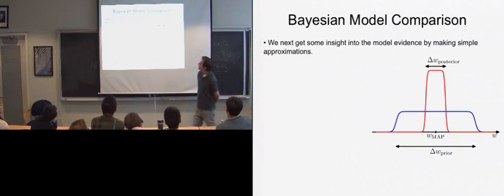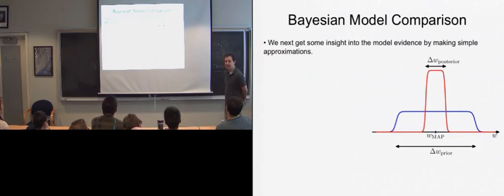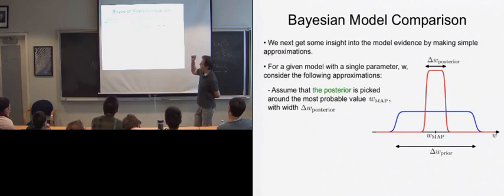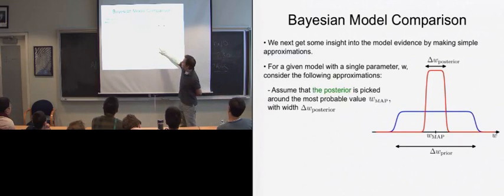Now let's get some insight. What is happening with these models? That will help us understand the relationship between the prior and the posterior, and how the prior can affect the evidence. So let's make the following assumption. Let's say we're looking at a model with a single parameter W. We assume that the posterior distribution is going to be peaked around the most probable value of W. So this is our posterior distribution.